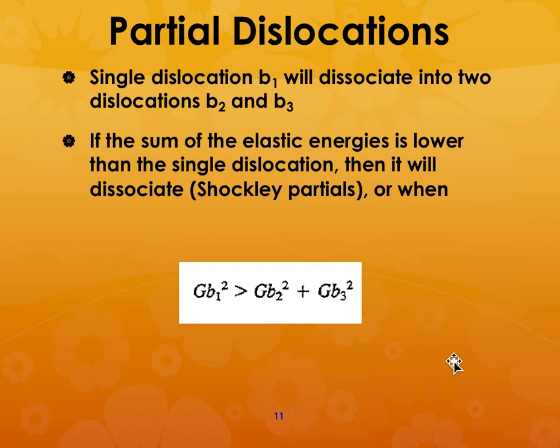Think about that Arnold Schwarzenegger movie, the Terminator movie. These dislocations will become like the Terminator. They dissociate into two dislocations, then they start moving in parallel to each other, and then they combine and again move.